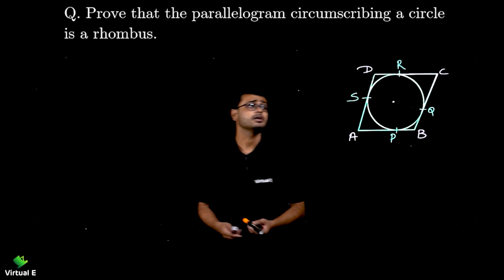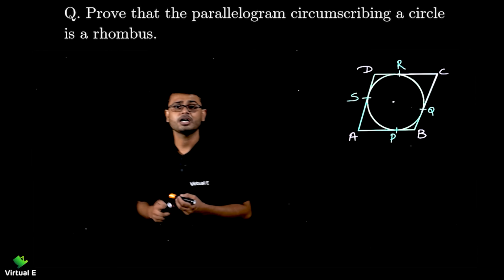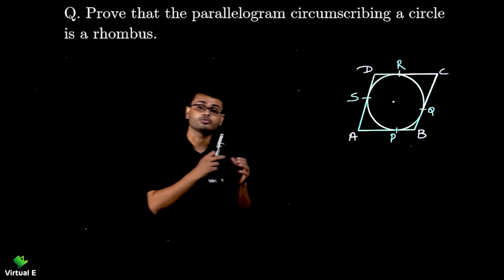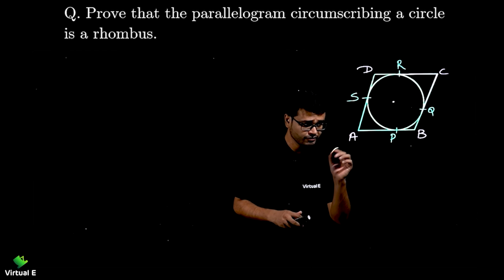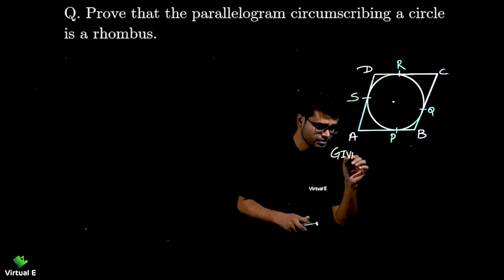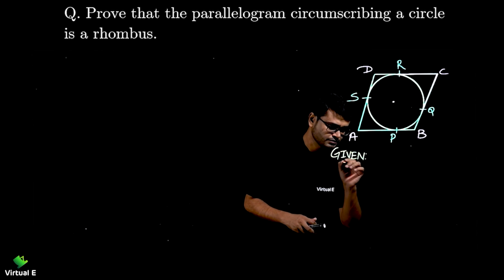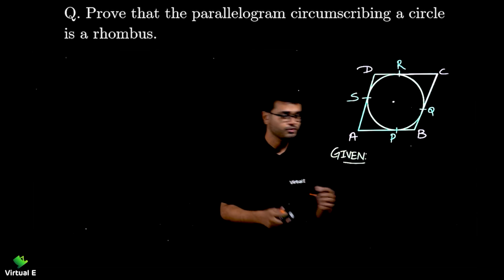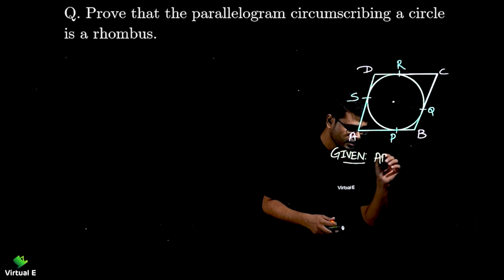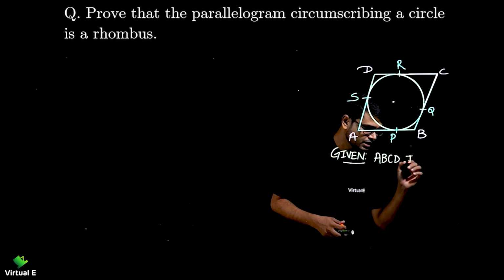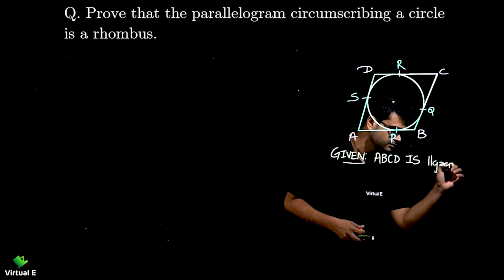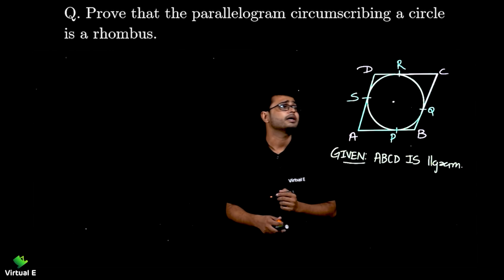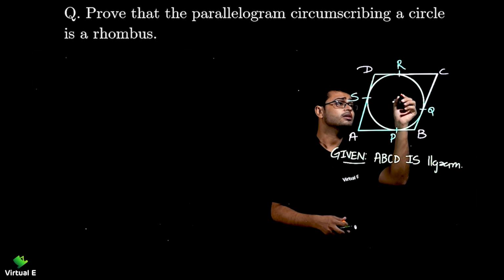First of all, whenever you have something like this, start with what is given, what we need to prove, and finally the proof. So let's start with what is given, right? We have ABCD, a parallelogram. Yes, most important. ABCD is a parallelogram. Done, right? Center with O, circle with center O.